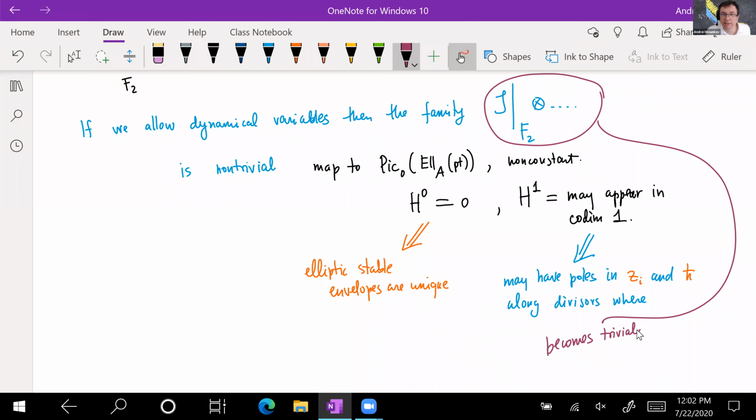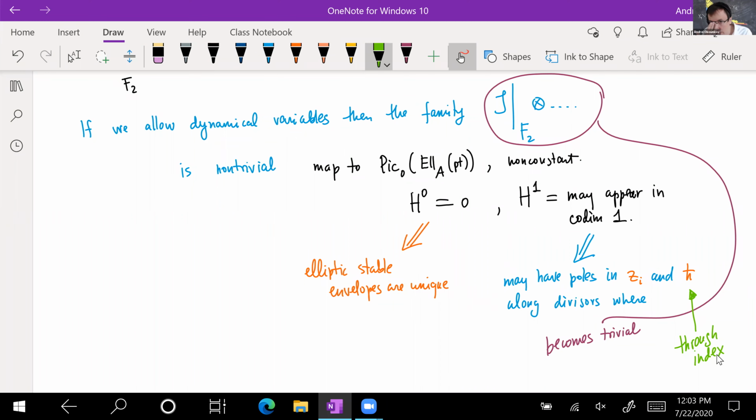We have a line bundle. It depends on h bar through this index term, and it depends on z's through explicitly introduced dependence in some line bundle. It could happen that this line bundle will hit the trivial line bundle in codimension 1.